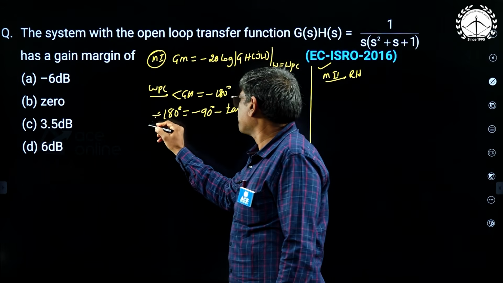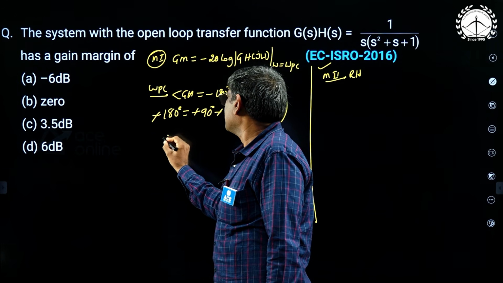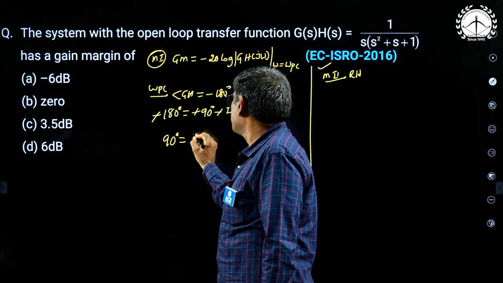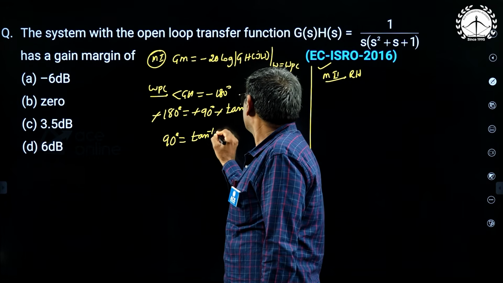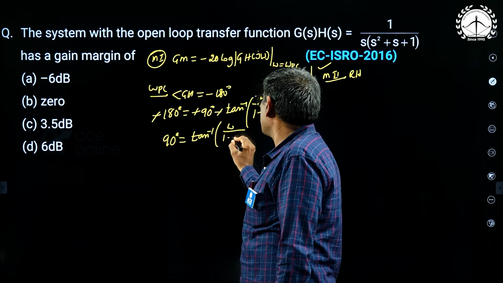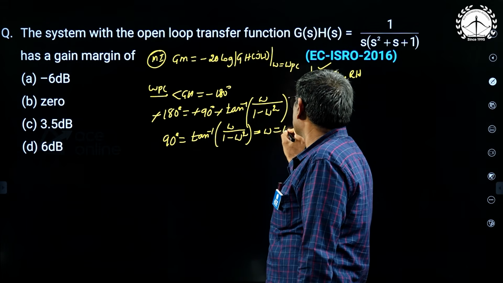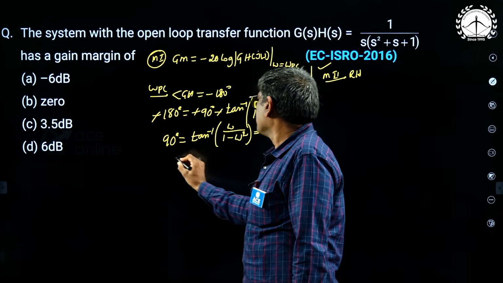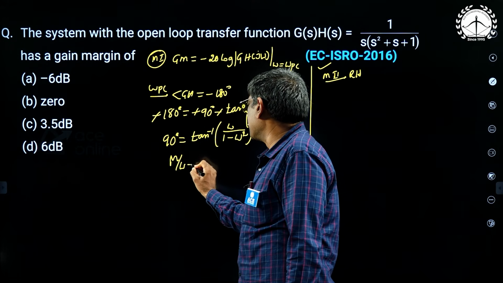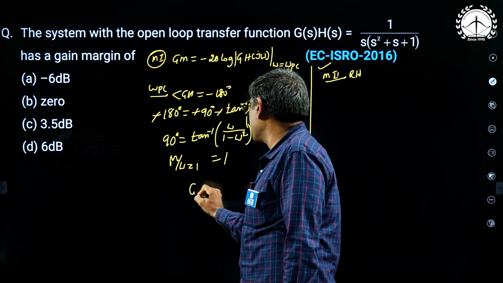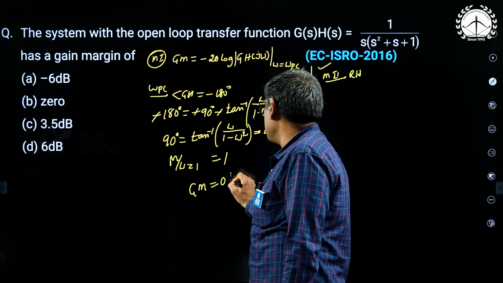Then if you solve, all minus become plus, then 90 equal to tan inverse of omega divided by 1 minus omega square. You solve this, you will get omega is 1 radian per second. You find the magnitude at omega 1, you will get 1 only. Gain margin becomes 0 dB.